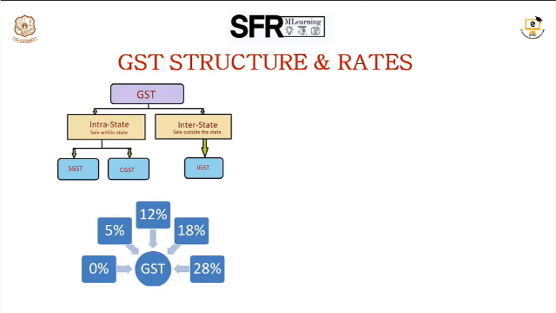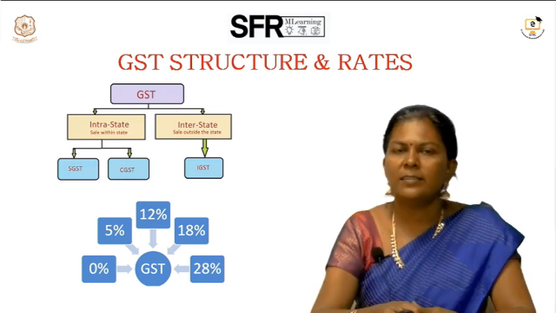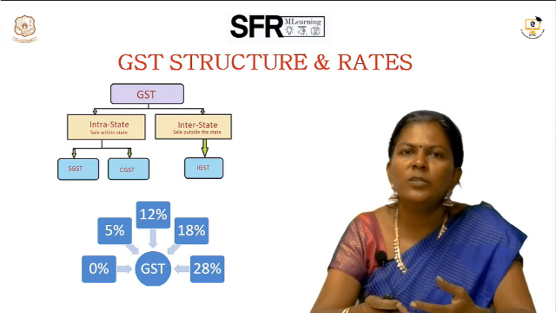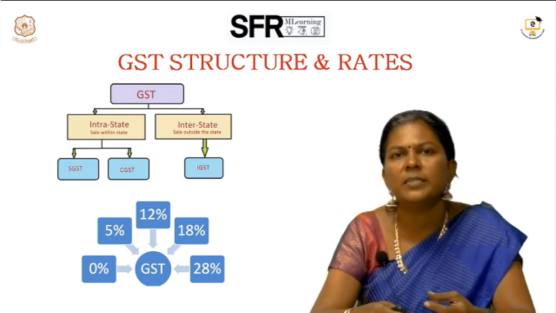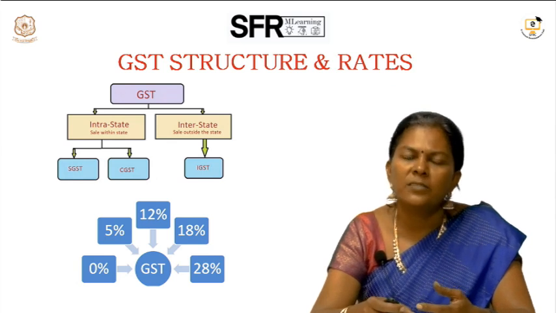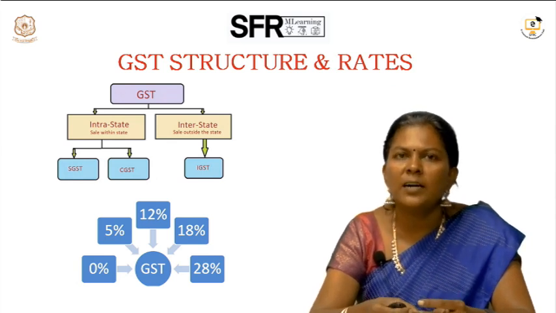This slide gives an overview of the GST framework. GST can be classified as Central GST, State GST, Union Territory GST and IGST. In short, it is termed as CGST, SGST and IGST. So, what is the purpose of having IGST?